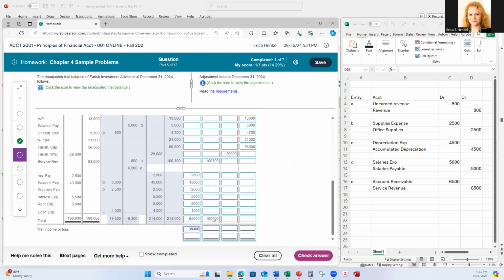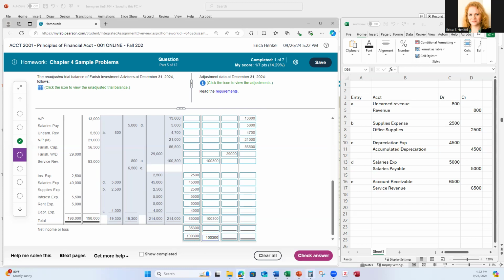And then if we add these together, there's nothing here, so 100,300. Then our revenues and expenses columns here, our debits and credits are equal. The difference between our revenues and expenses is our net income. If we add our net income to our expenses, then it would be equal to our revenues.